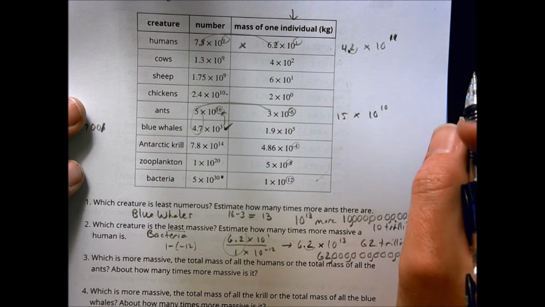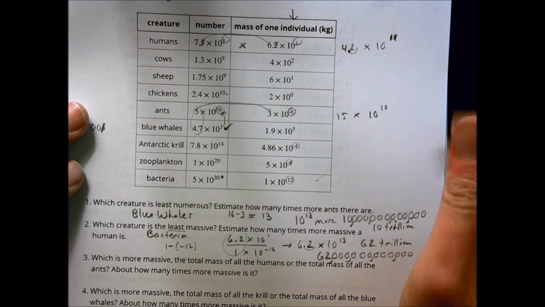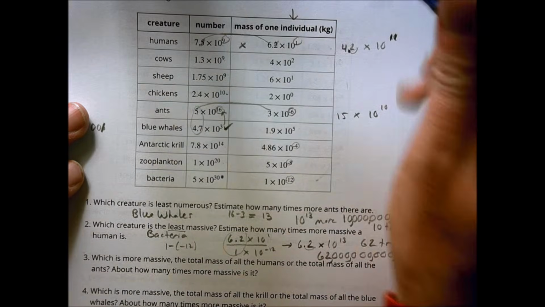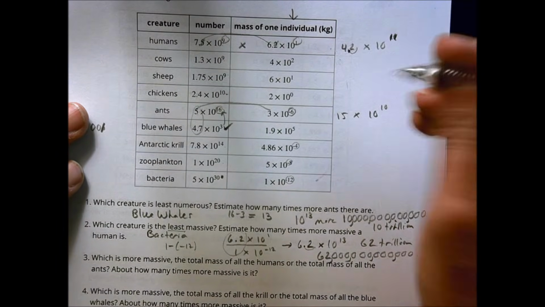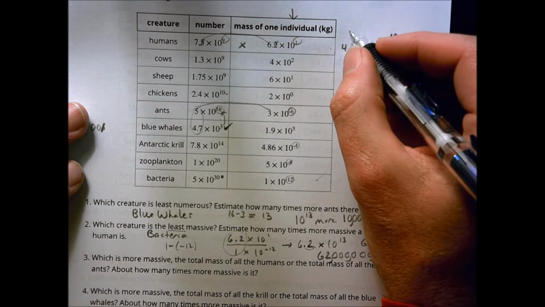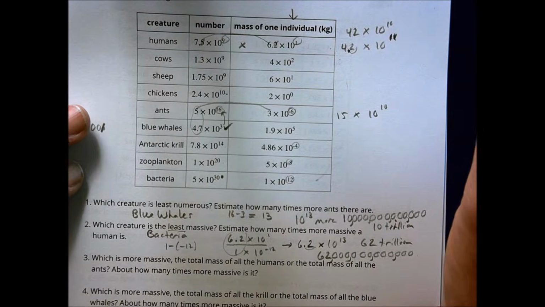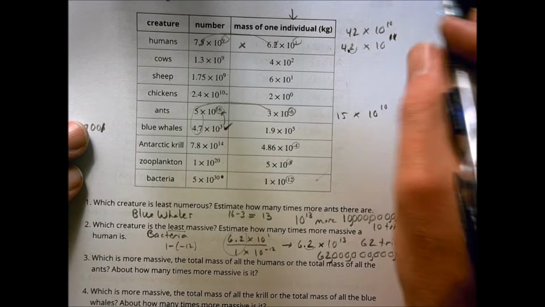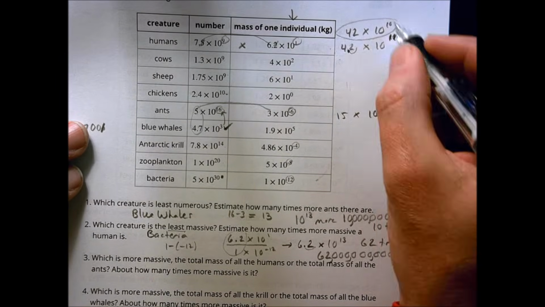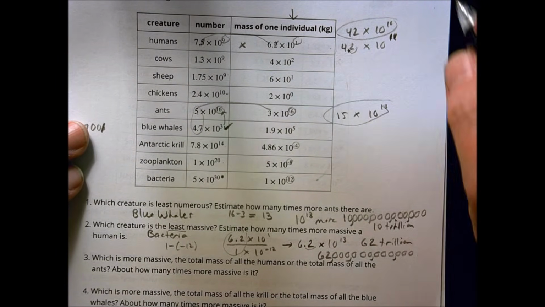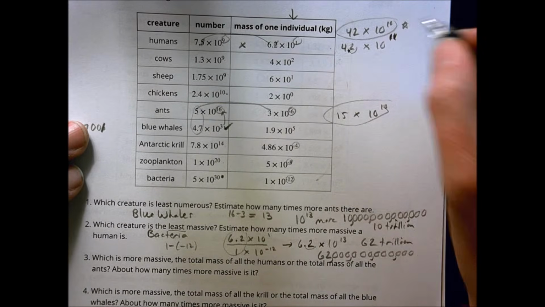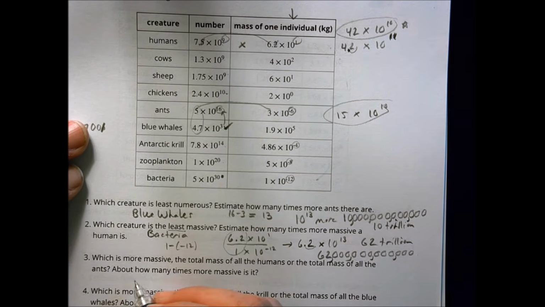I want them to be in a common form, so I could go back and keep this as 42 times 10 to the 10th. So which one's actually going to be bigger? Well, because we're comparing this one with that one, this one is going to be larger. So the humans have more mass than all the ants.